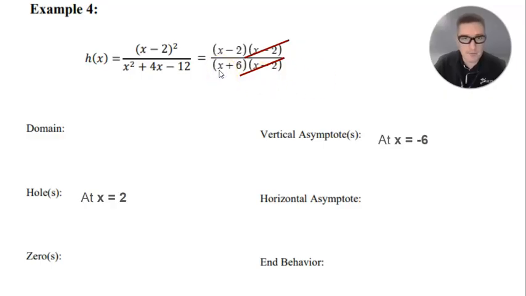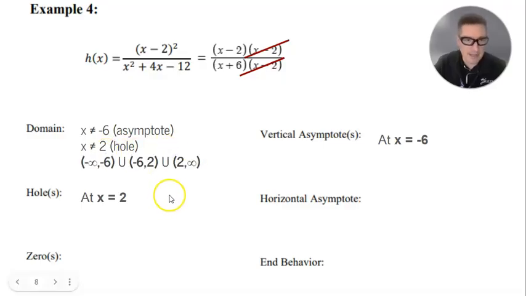In the denominator, I have x plus 6, so that means I'm going to have a vertical asymptote at x equals -6. With the hole and the vertical asymptote identified, I can now know my domain. I know that x can't equal -6 because of the asymptote, and x cannot equal 2 because of the hole. If I want to write that in interval notation, I would do it as such.